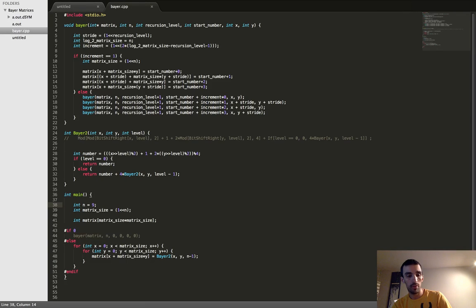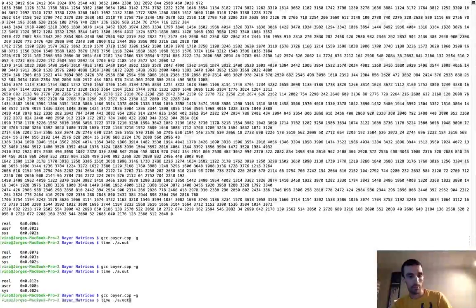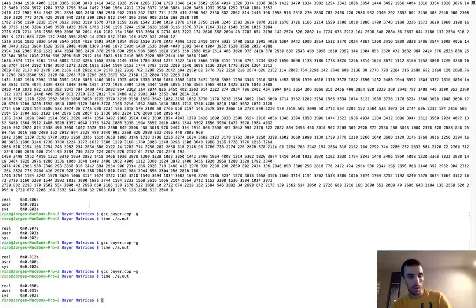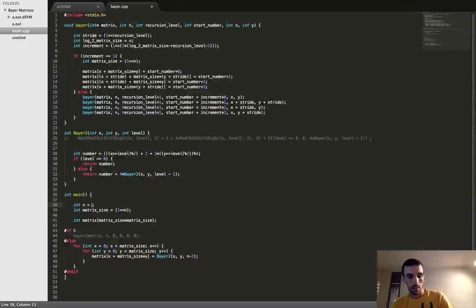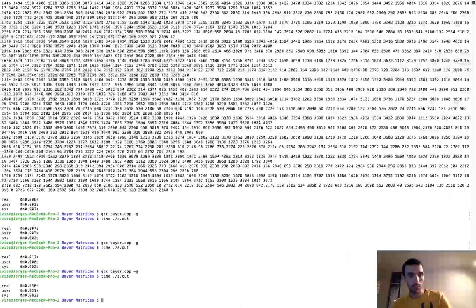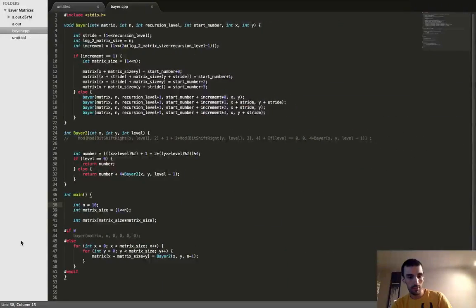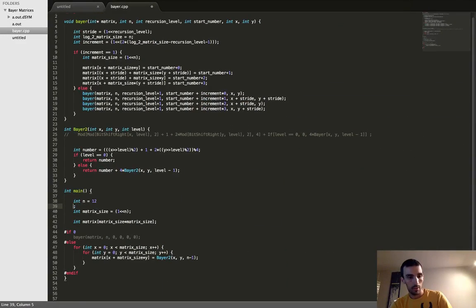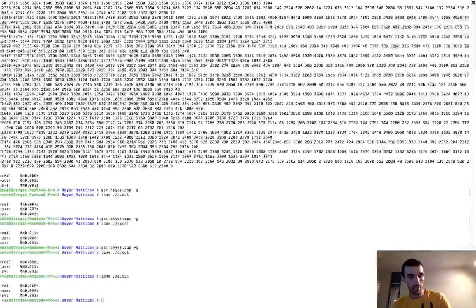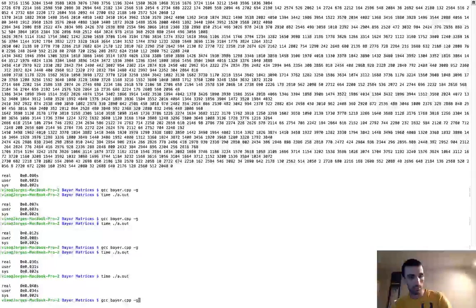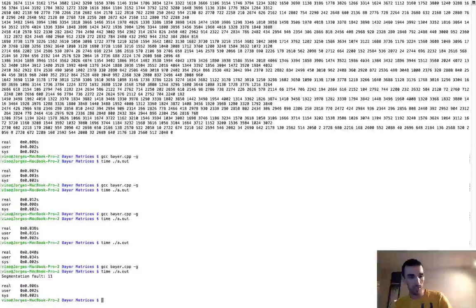That's 512 by 512. It's a pretty big matrix. It's getting big. All right. This is going to be a 1024 by 1024 matrix. Still pretty fast. Let's jump right up to 12 here. Oh wait, I didn't recompile that time. Seg fault.